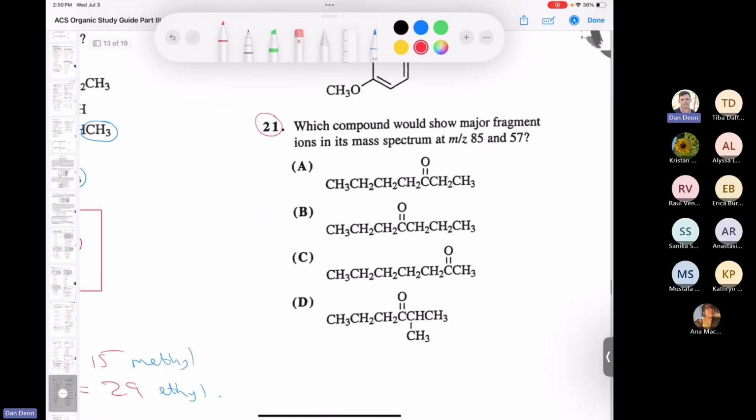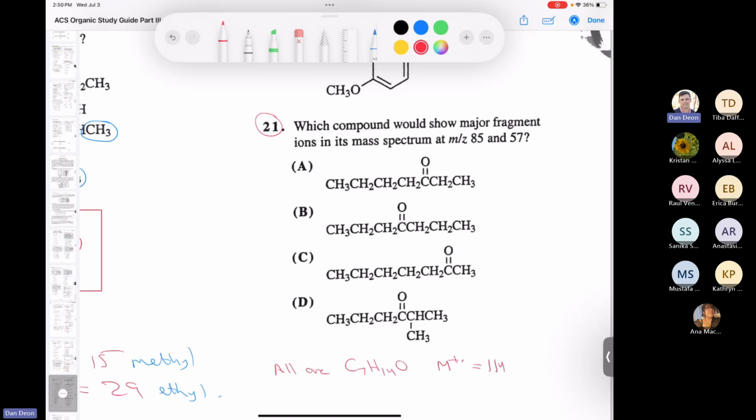This one just says, which compound would show a major fragment in its mass spectrum at a mass over charge of 85 and 57? If you look at all of these compounds, I think that all are the same formula, C7H14O. That gives you a parent equal to 114.